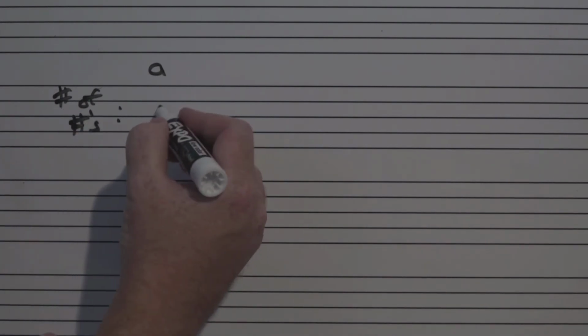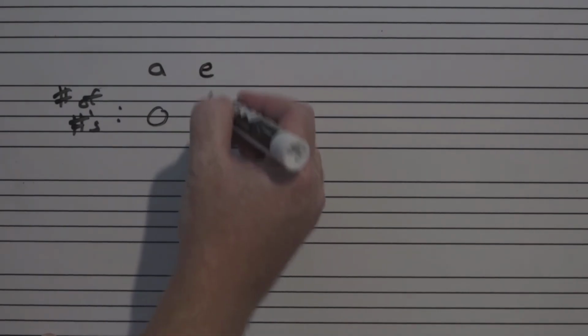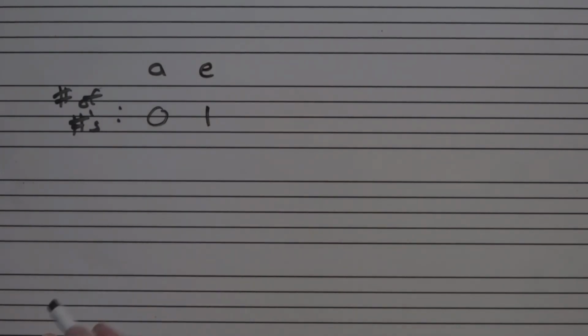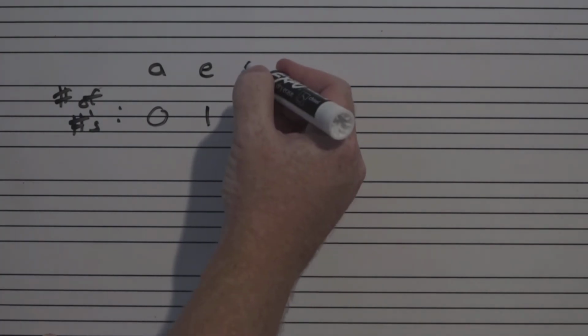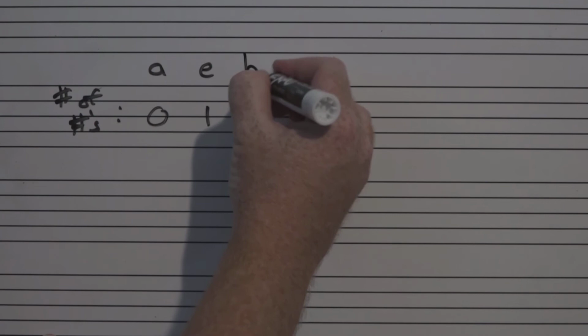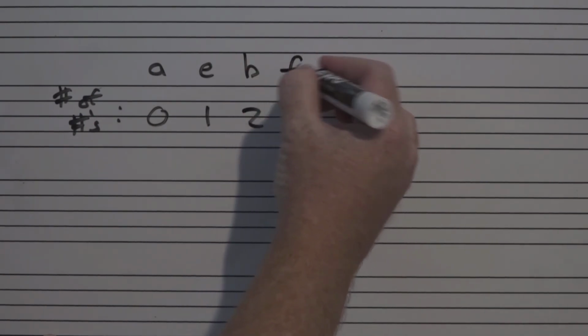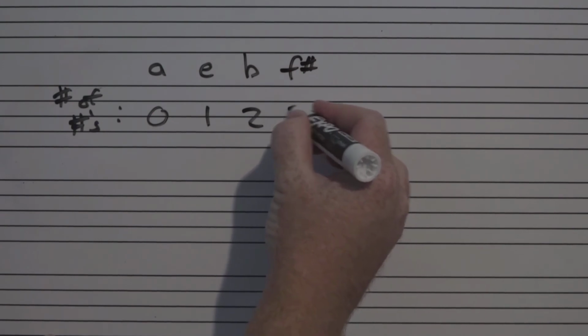And now let's start with A minor and go all the way to A sharp minor using that scale degree 5. So we have A minor, and number of sharps is 0. Scale degree 5 is E, and that has 1 sharp. Scale degree 5 is B, and that has 2. 3 is F sharp.